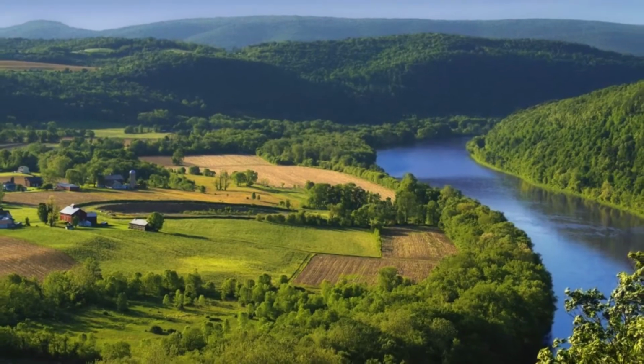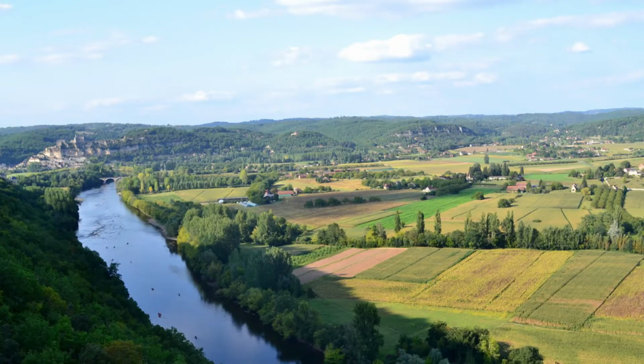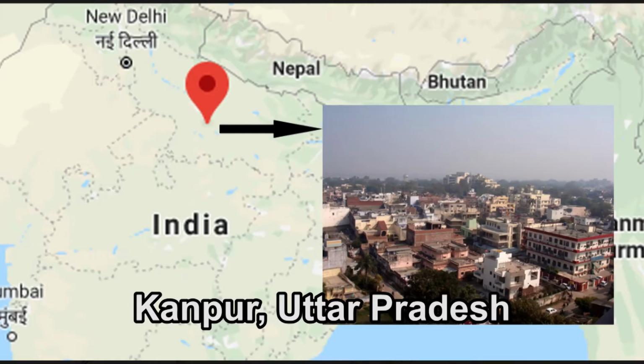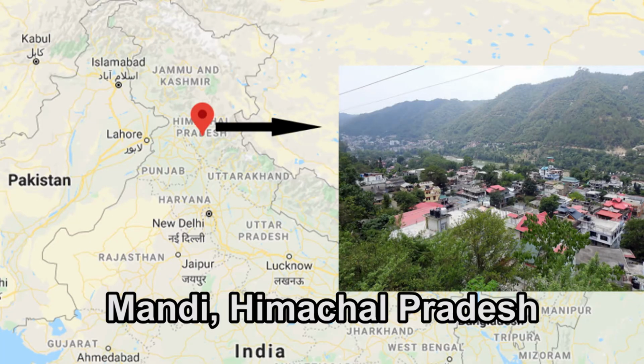Places like river valleys and plains offer suitable land for agriculture. Therefore, these places are more populated. For example, in India, Uttar Pradesh is more populated than Himachal Pradesh, as it offers suitable land for agriculture.